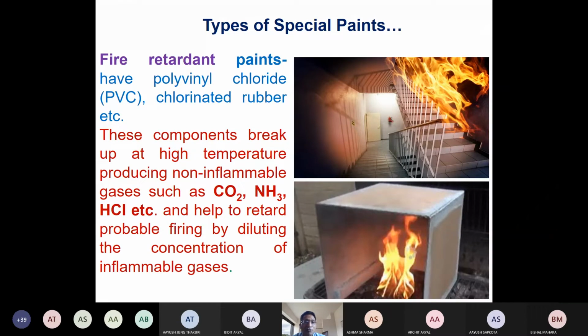These will be formed by the paint at high temperature. They will reduce the fire. आगो बल्नलाई पनि यो fire retardant ले कम गर्छ.